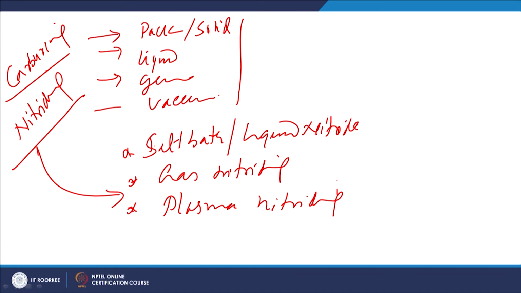So, these are the 3 different variants as far as nitriding is concerned, and these 3 variants differ significantly from each other with regard to their process characteristics.